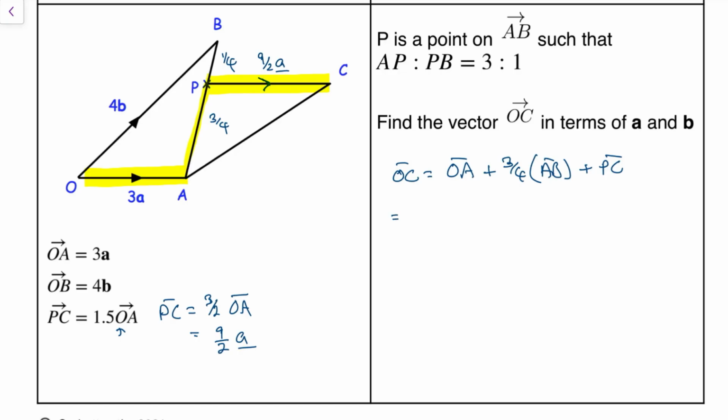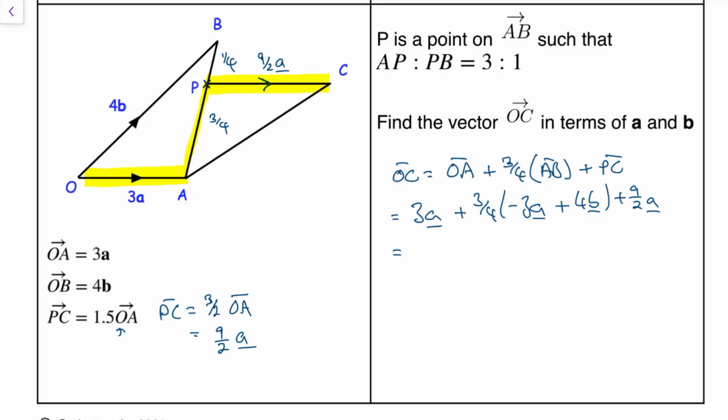Let's expand. So O to A is 3a. Got to get this the right way around. Plus 3/4 of A to B, which is going to be minus 3a plus 4b. And then PC is 9 over 2 a. Right, let's try and combine these. I won't do it all in one go.